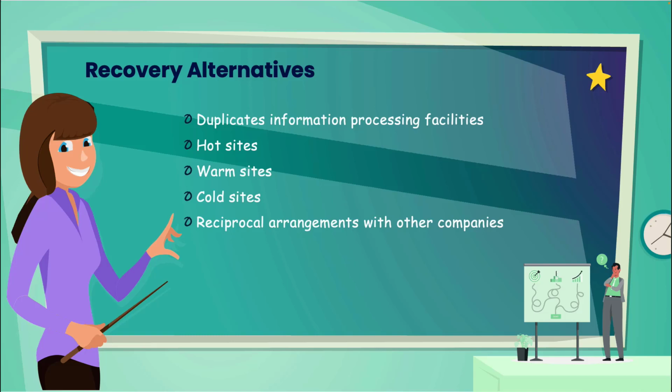Mainly these days we have hot sites, and many companies duplicate their information processing facilities, especially when we are using the cloud. Now it's really easy to provision a plan B on the cloud. You can operate, for example, in the West Europe region, and duplicate the critical processing facilities in another region in the US, the Middle East, or East Asia.